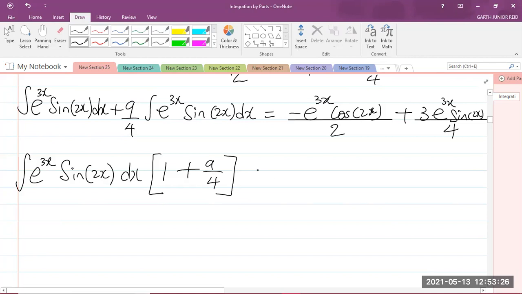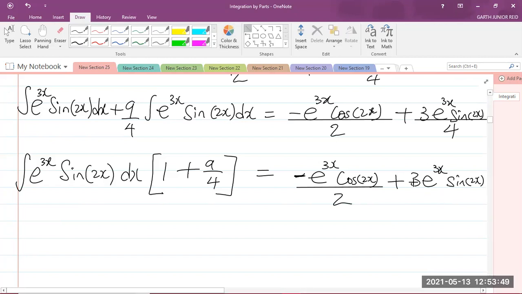And that is going to be equal to, the right-hand side doesn't change, so that's negative e to the 3x times the cosine of 2x divided by 2, plus 3 e to the power of 3x times the sine of 2x, and I'm going to divide that by 4.